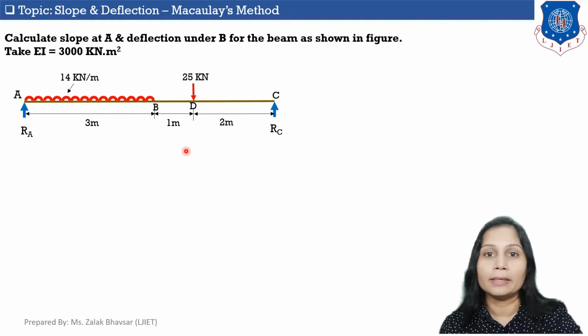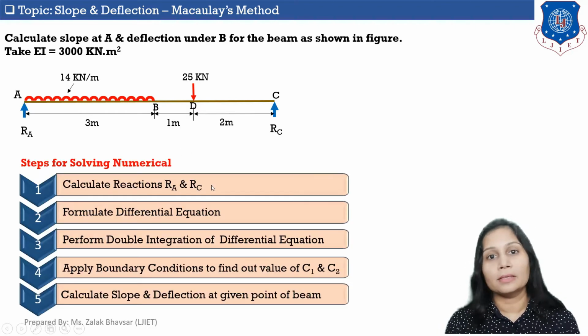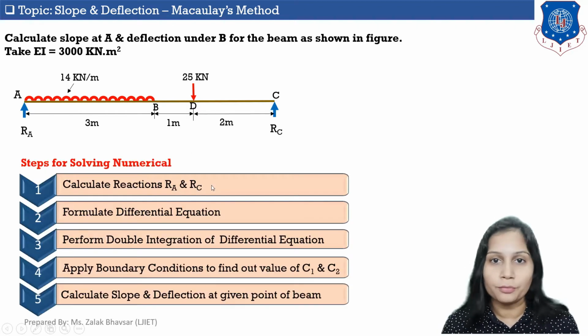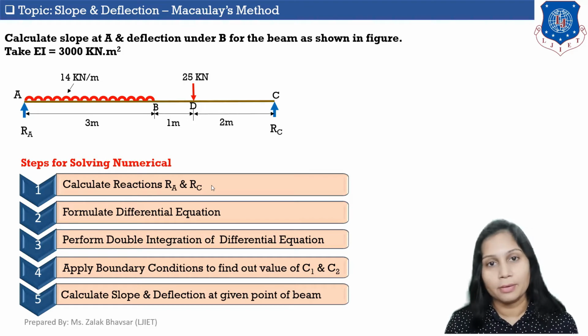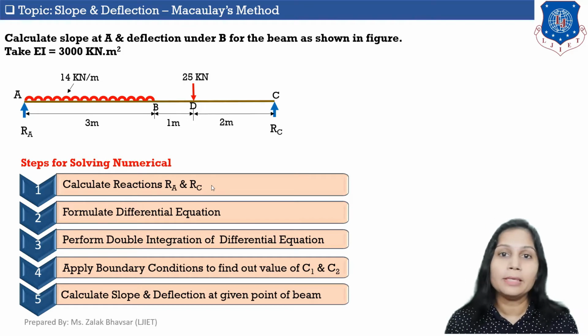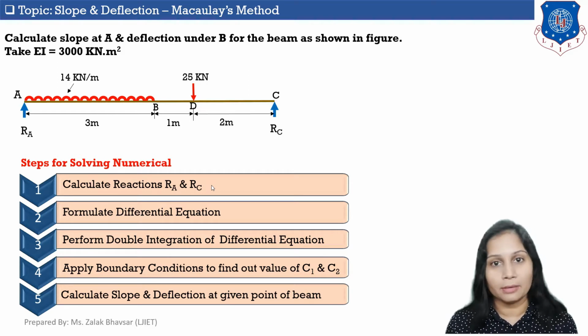Now, before starting calculation, let's discuss steps that we are going to perform. In step number 1, we will calculate reactions RA and RC. Then, in step number 2, we will formulate differential equation, and in step number 3 we will perform double integration of differential equation.